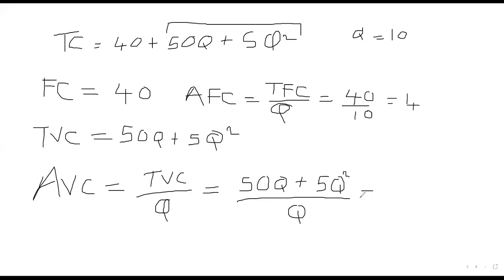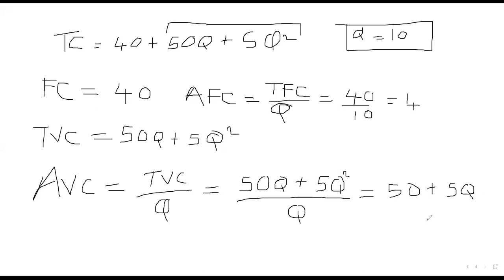Most people make mathematical errors. When you divide here, it disappears. You divide them separately. So this will be 50 plus 5Q. Is that clear? Then now we can substitute our value of Q, which is 10.